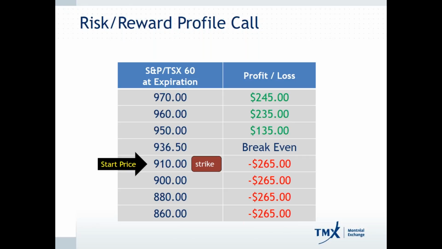So again, we calculate our break-even point no different than our ETF or equity options. We simply take our strike price and we add the premium, and that's where the underlying security needs to be just for us to break even. And in the case of the call option, it needs to then be trading above that on expiration.